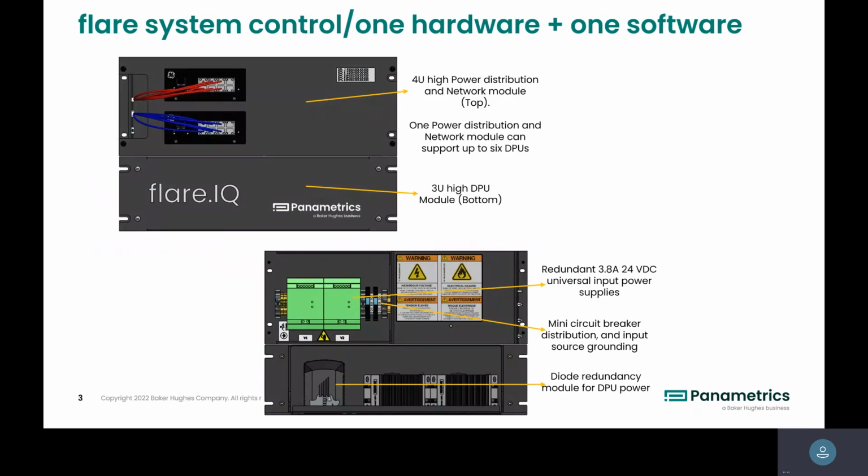So as I mentioned, flare control is basically what we call a box. The hardware mainly contains a power supply with redundancy, an Ethernet switch, and DPUs. A DPU is basically just an industrial computer operating on a Linux operating system, and both the DPUs and power supply have redundancy just for reliability.